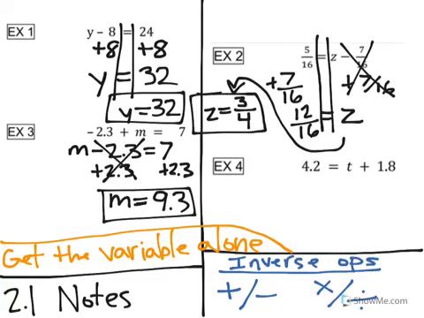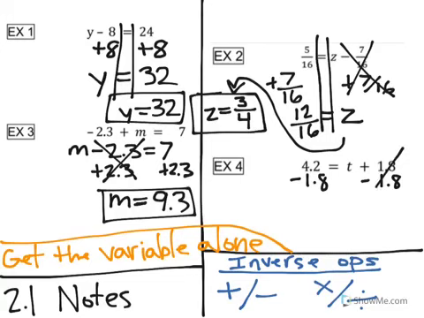Here we have t plus 1.8 equals 4.2, or 4.2 equals t plus 1.8. So what's happening to our variable that we want to isolate is we're adding. So in order to undo addition, we can subtract. So now we're going to subtract 1.8 from both sides. And from there, we have t plus 1.8 minus 1.8.